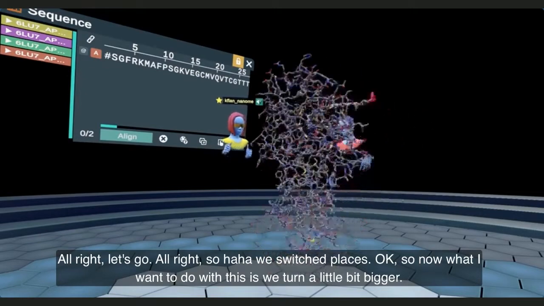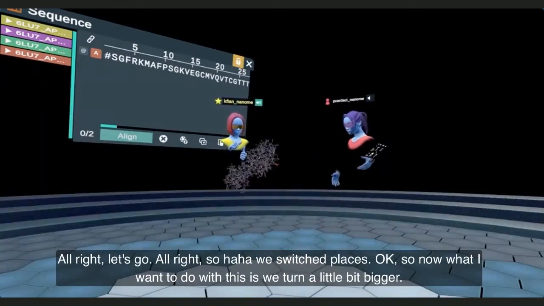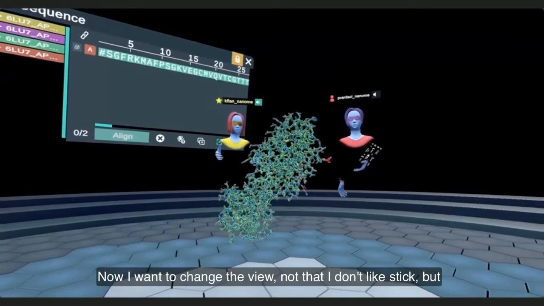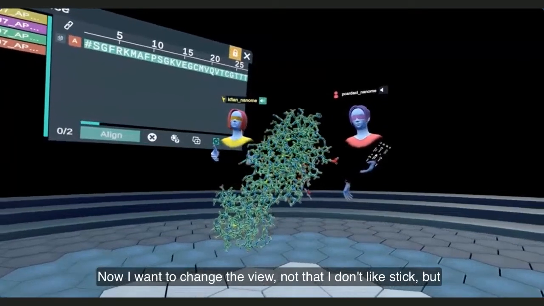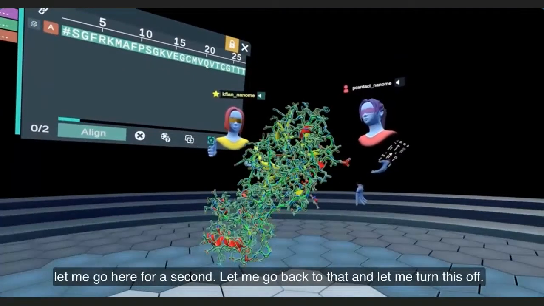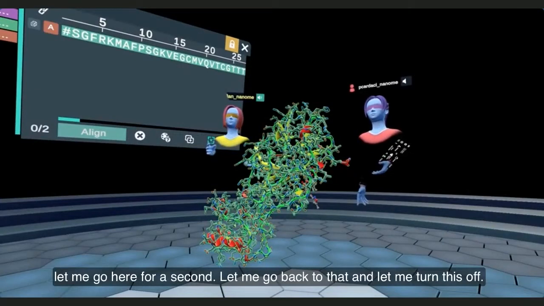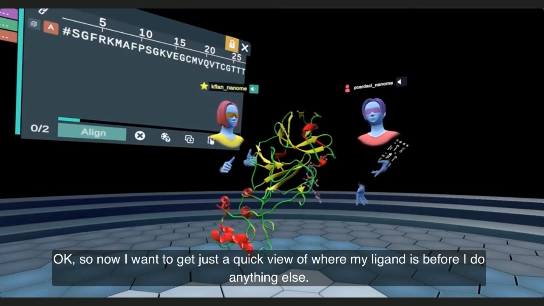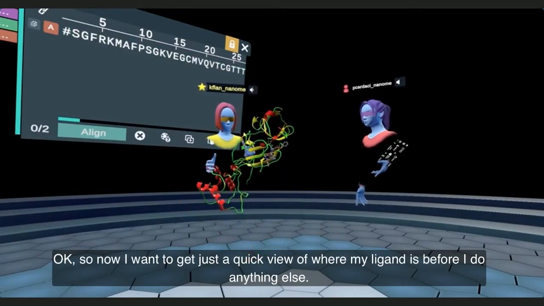Okay, so now what I want to do with this is, let me turn a little bit. Now I want to change the view. Not that I don't like stick, but let me turn this off. Okay, so now I want to get just a quick view of where my ligand is before I do anything else.